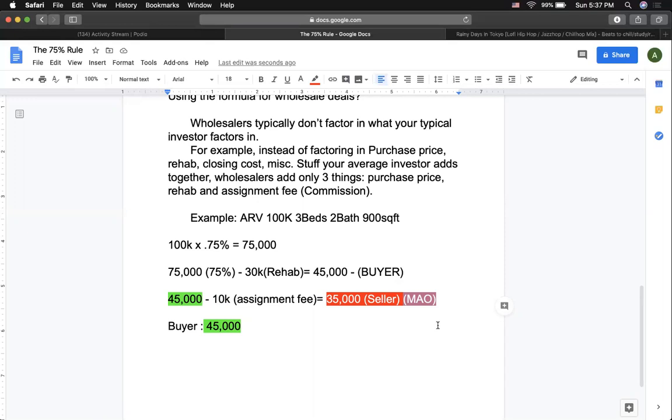If the maximum allowable offer is 35,000, in order to make your $10,000 assignment fee, you must stick at $35,000 or less with the seller. So let's say you get the seller at 30,000. Well, boom, common sense will tell you you're making an extra 5,000. But if you go above 35,000, you are going to start cutting into the $10,000.